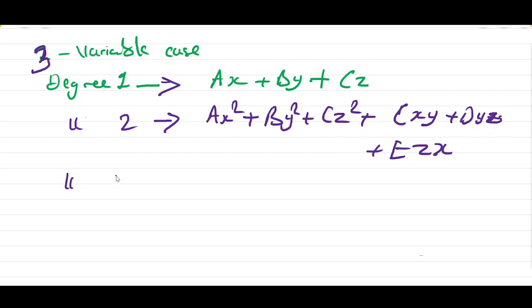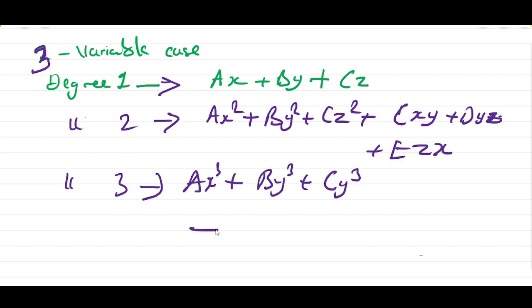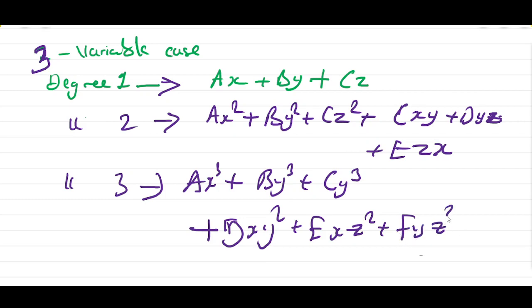And even for the three variable case with degree 3, it's just ax cubed, by cubed, cz cubed. Then we'll have x squared y, but then we'll have x squared z, even xz squared is present, then we'll have probably yz squared, things like this will be present, and then I think that is all we have listed.